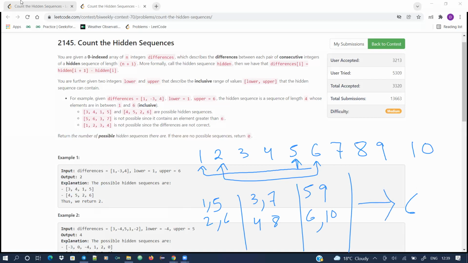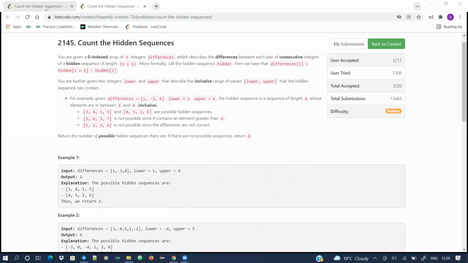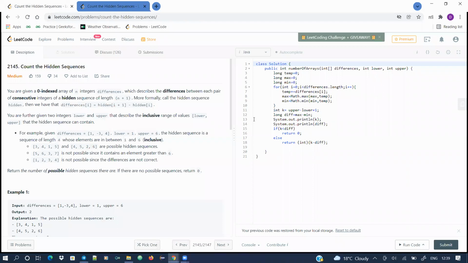So now let's walk through the code and try to understand the code better. Out here, the first loop which I'm using is to find the cumulative sum and max and min.